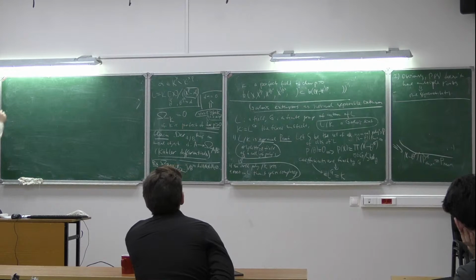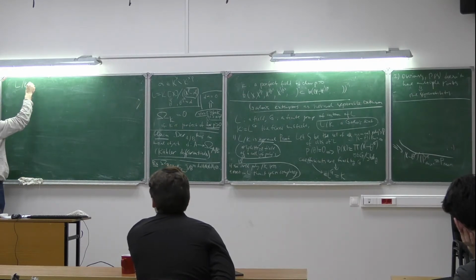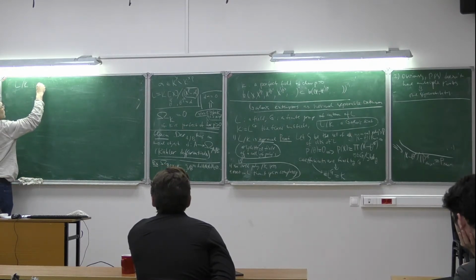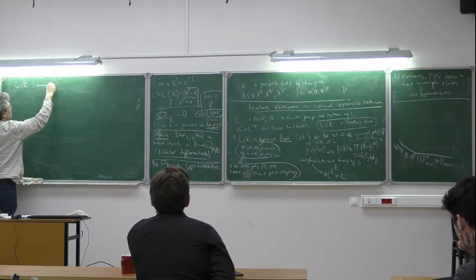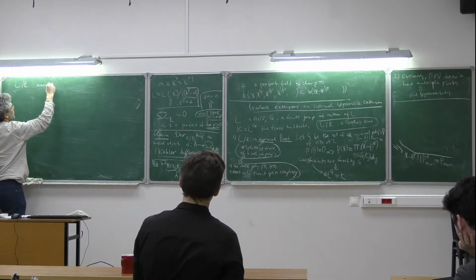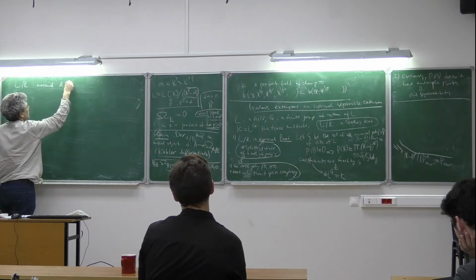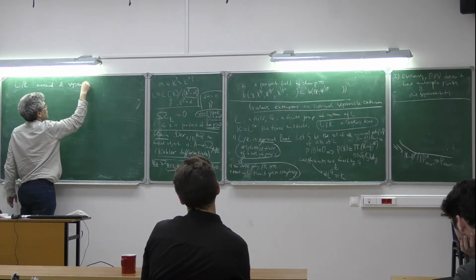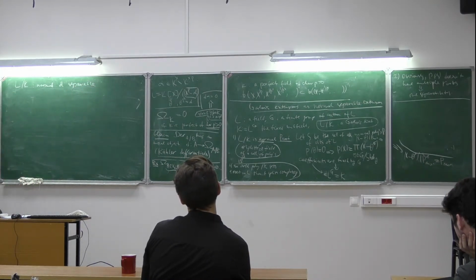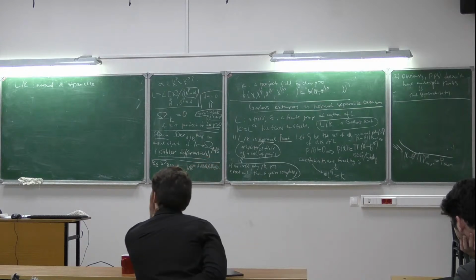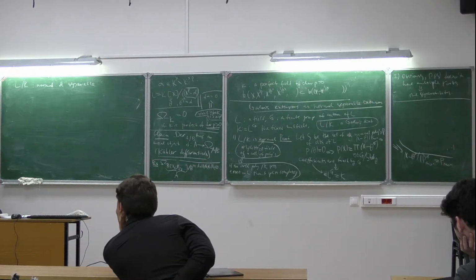So we assume that L over K is normal and separable, and how do we show that this is a Galois extension?